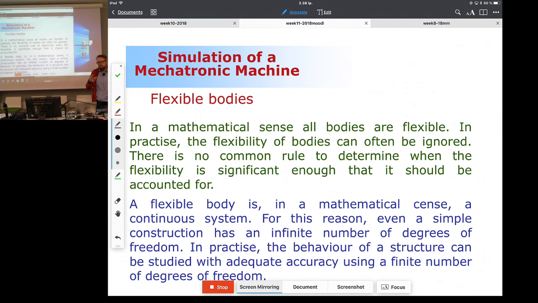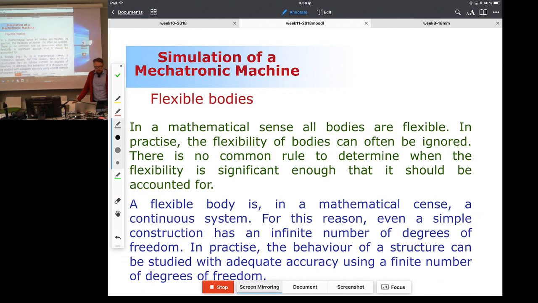Sometimes there are rules of thumb for how to model bodies as flexible bodies or as rigid bodies. In reality, it's very hard to find good rules or a good formulation to define that, because it depends so heavily on the application and the loading condition and everything. So actually you cannot really define that so well.